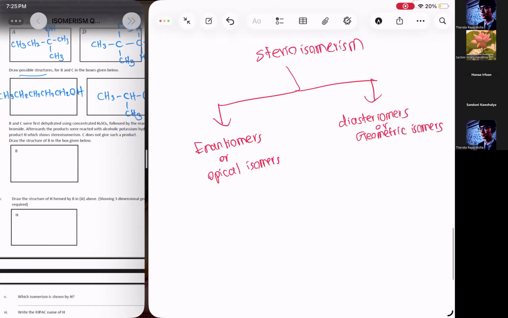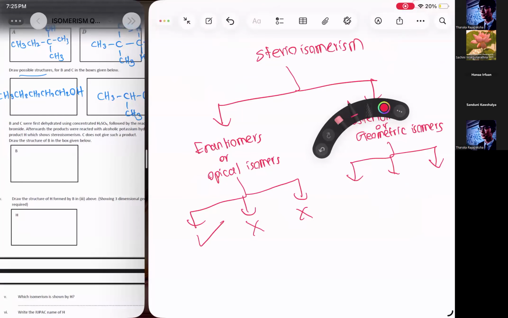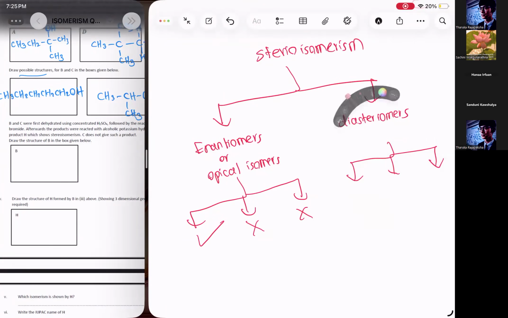In our syllabus, people, there's only one type of optical isomers we are going to learn. There are other optical isomers we don't have in the syllabus. Geometric isomers also, there are many others. We have only one of them. Sorry. Under diastereomers, there is something called geometric isomers, or you call it cis trans isomers.